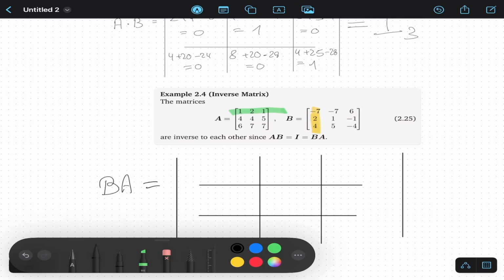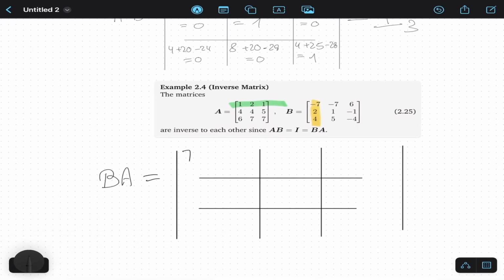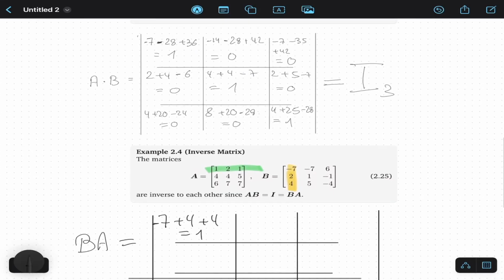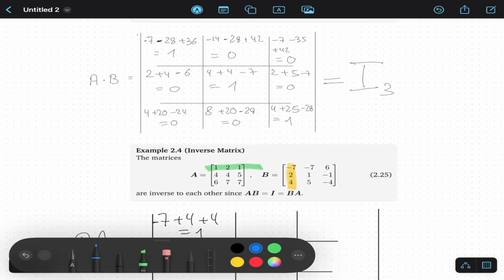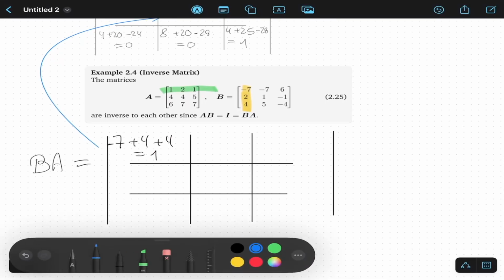So this time we have 7 plus 4 plus 4. Oh no, minus 7. Yes, this makes 1. Did we have this equation? Yes, we had this equation here. Okay, let's just continue.